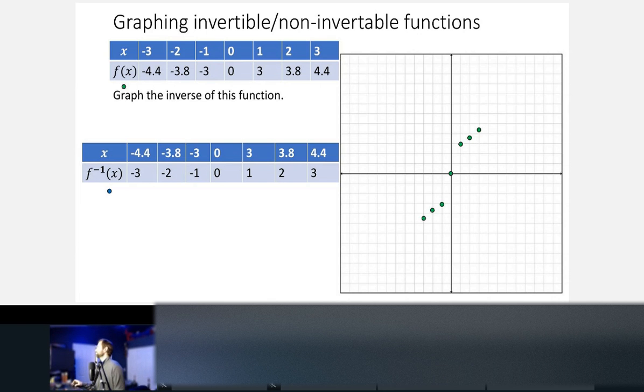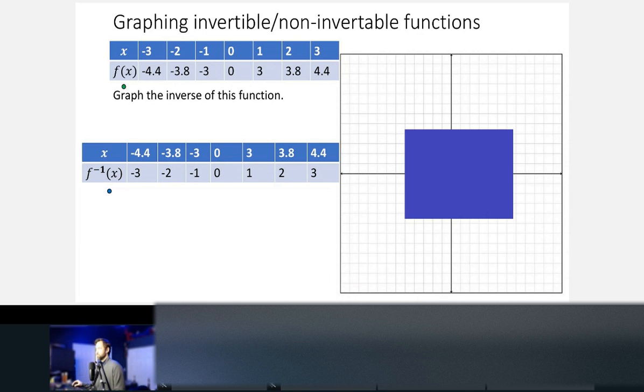And then do we have to do anything else to these points after we switch x and y? Yep, we sure don't. If you're given a coordinate and to find the inverse, you just switch x and y and just regraph it.